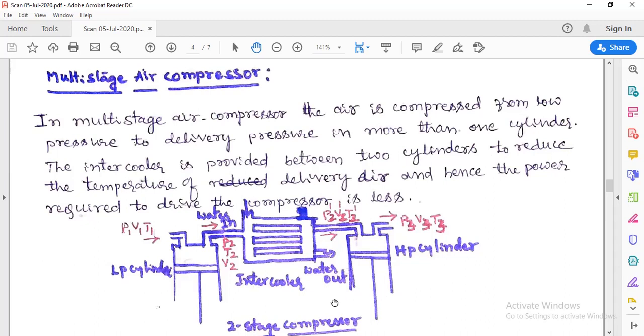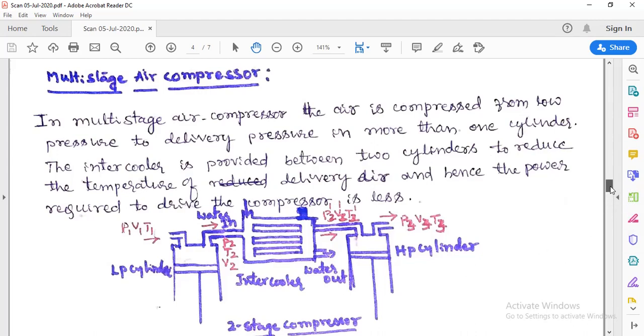So in total it is 8 kilowatt. If there is no intercooler, it would be around 10 kilowatt. So with the intercooler, the power consumption is 8 kilowatt. So with the multi-stage air compressor, by providing the intercooler, we can reduce the power consumed by the compressor.